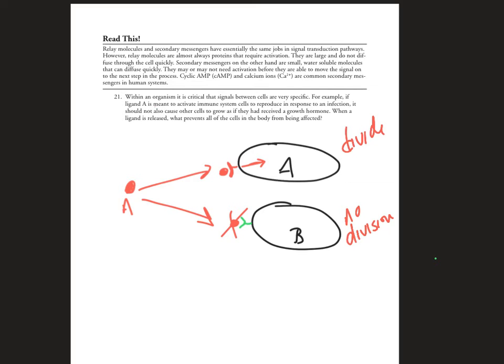Now, there's a third possibility, and for some ligands, this is important. So let's say we have C. Now, C may have the same receptor on it. What will happen in C, though, is there could be an instance where it does something different, where this causes some different response in C. An example of this would be epinephrine.